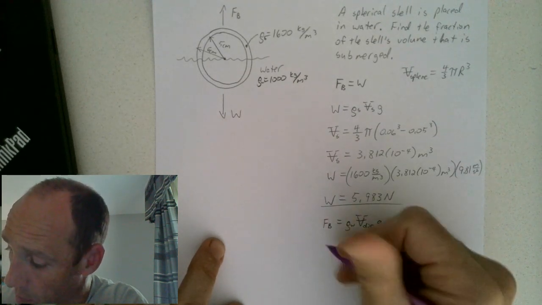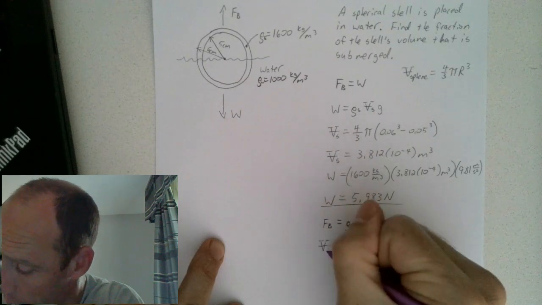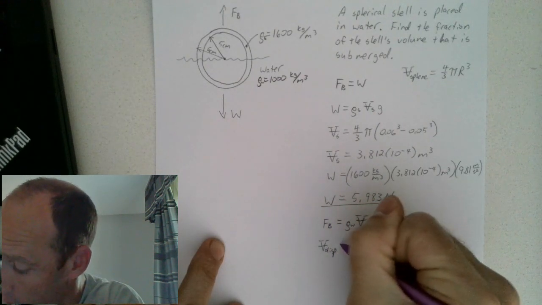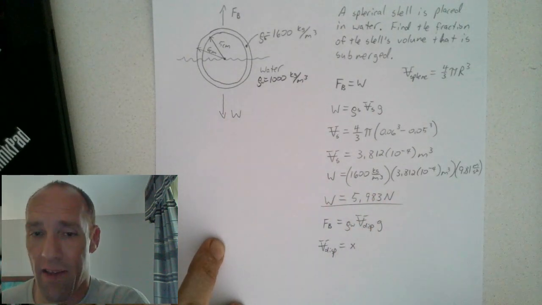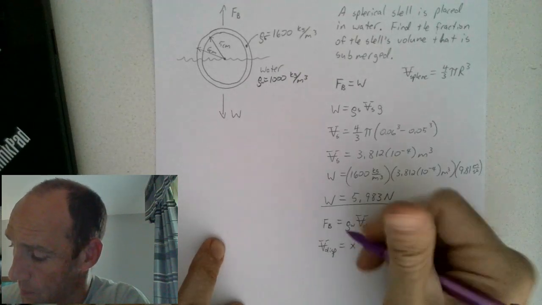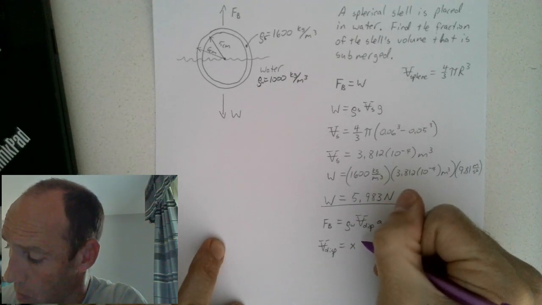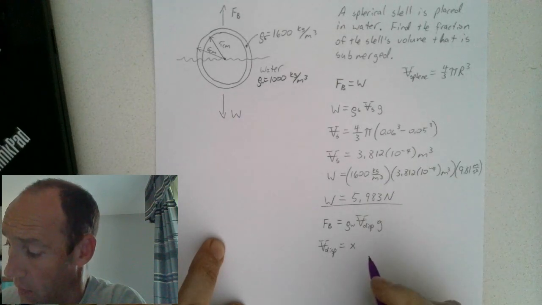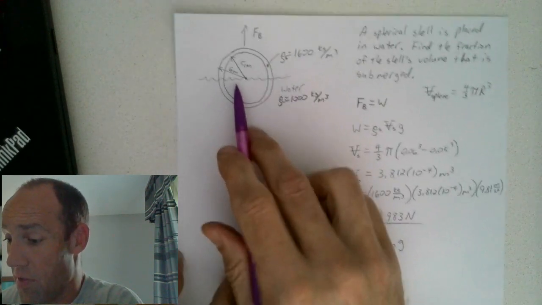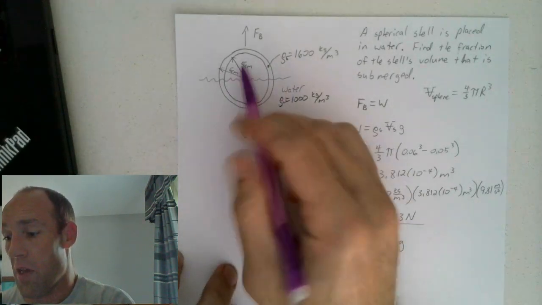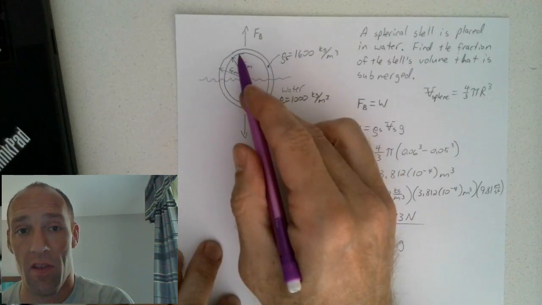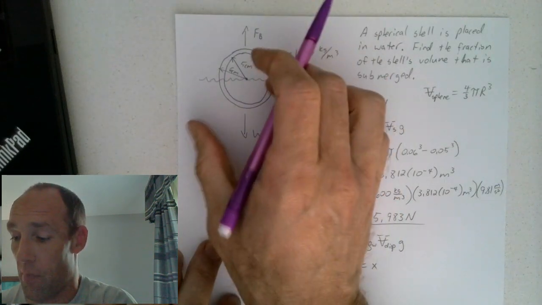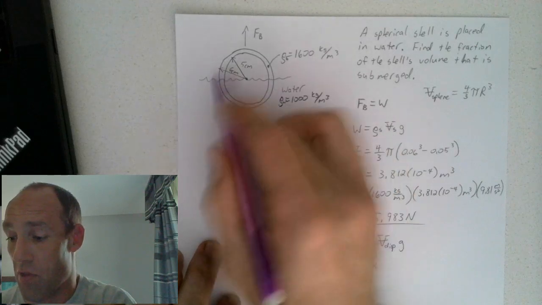All right, so the volume displaced is going to be some fraction, we'll call it x, of the volume of a sphere with radius 6 centimeters, right? It's the outer surface that's going to be displacing the water. So as this thing gets submerged, the outer surface displaces all the water.